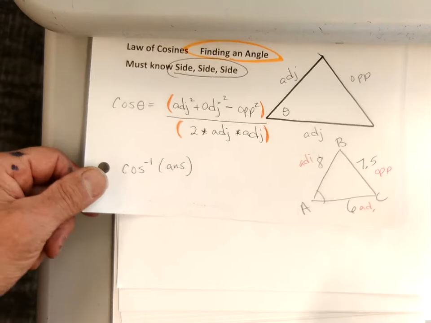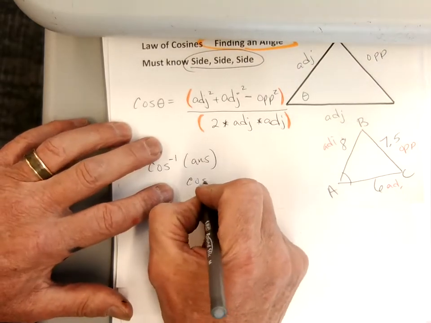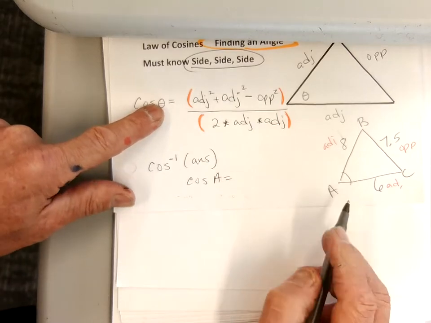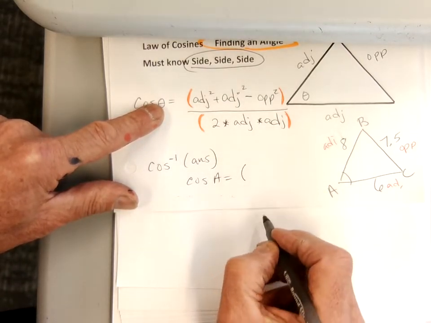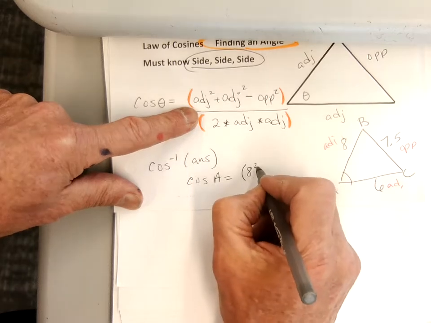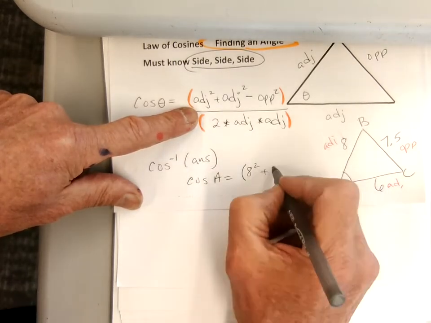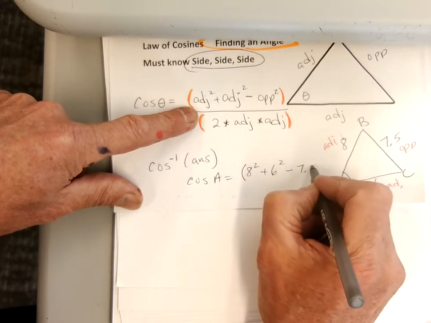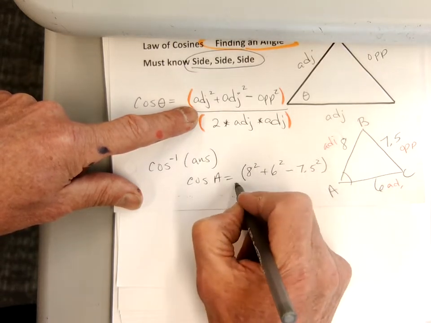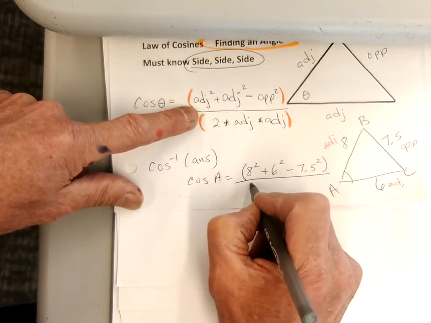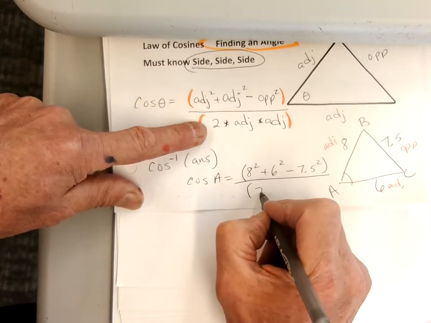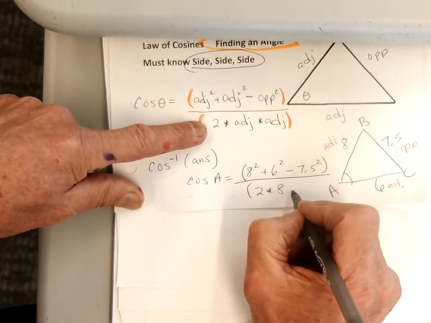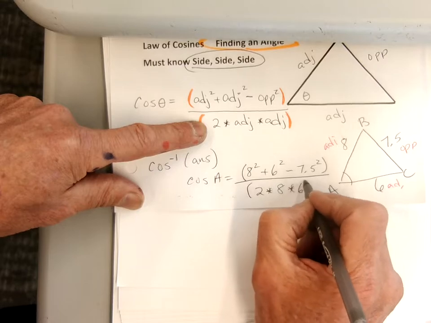So we would set this up as cosine of A, because that's my angle, right? Equals parentheses 8 squared plus 6 squared minus 7.5 squared parentheses divided by parentheses 2. 2 is part of the formula, it's always 2, times the adjacent, which is 8, times the other adjacent, which is 6, parentheses.